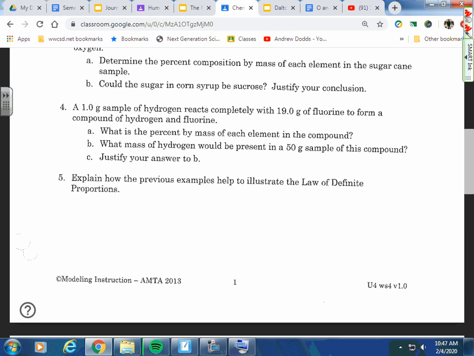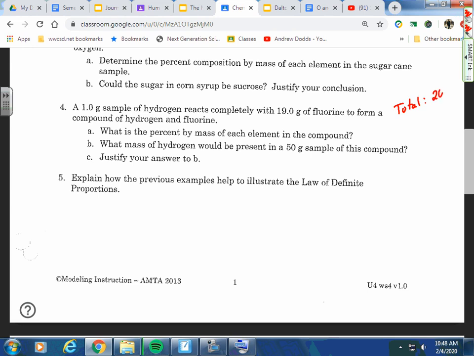All right. So in part A, they're asking for the percent by mass. The first question you want to ask yourself when you have to do a percentage is, what's the total? If I take 1 gram of hydrogen and combine it with 19 grams of fluorine, what's the total? 20 grams, right?